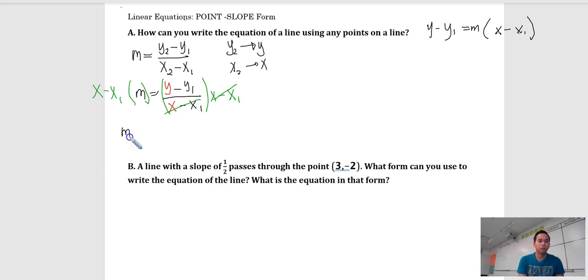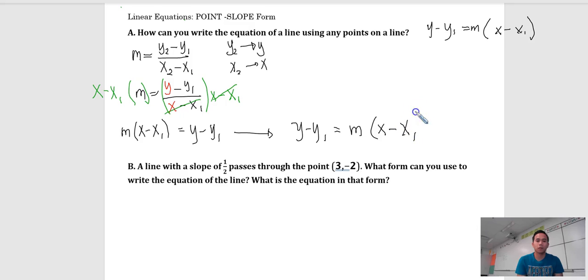So we have m times x minus x1 is equal to y minus y1. Now we can just flip that: y minus y1 is equal to m times x minus x1. So that is how we arrive at the point slope form.